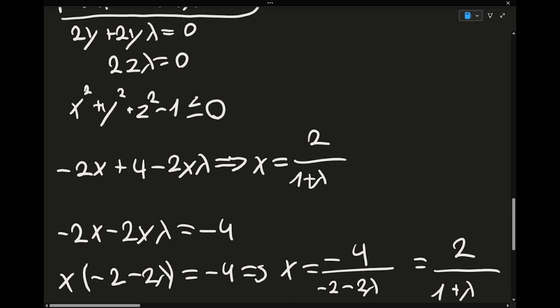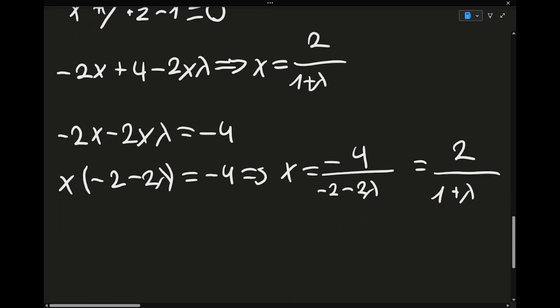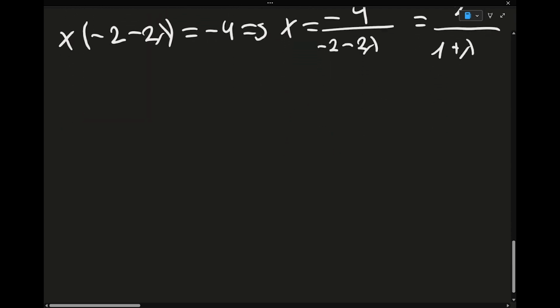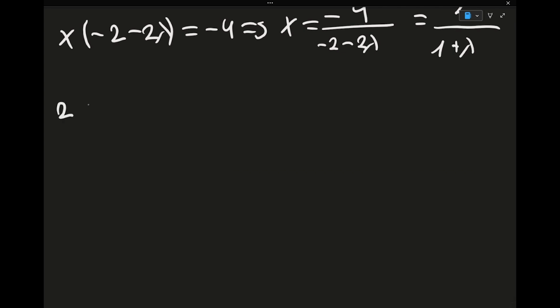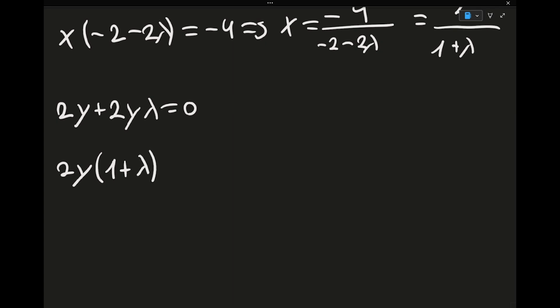Now we will go on with the second equation, our 2y plus 2y lambda, and we can just write it down here. So we have 2y plus 2y lambda is equal to 0. We take the 2y out, so we have 2y times 1 plus lambda is equal to 0.